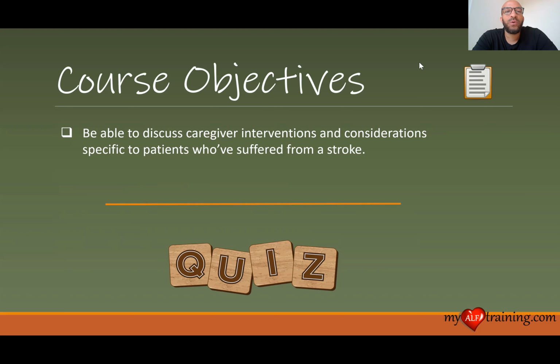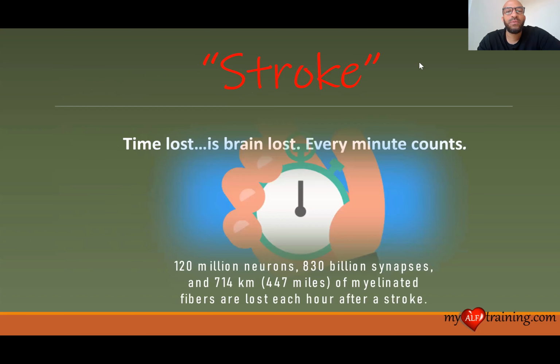And after we go through all that information and we check off each of those boxes for our course objective knowledge, we will take a short quiz, a 2-question quiz, just to test our knowledge and see if we are indeed retaining all of the information.